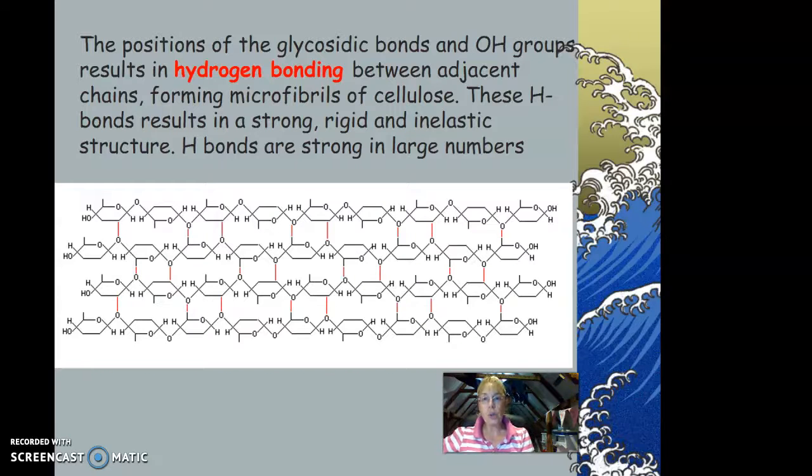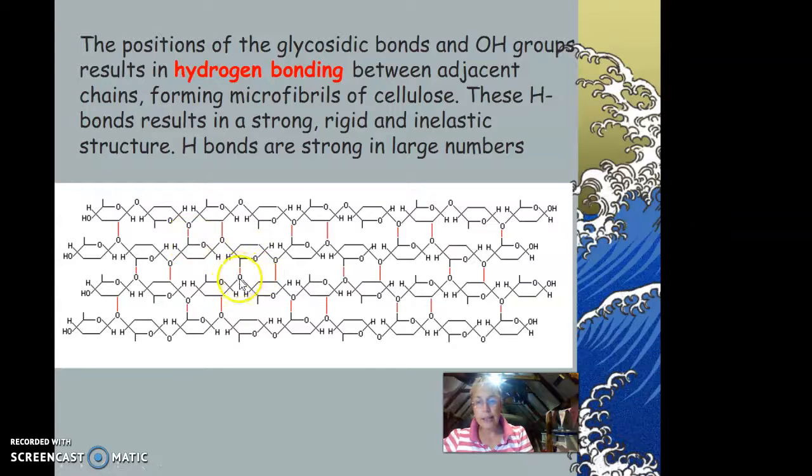So when I join this all together, this is what we get, and the red bits here are showing us the hydrogen bonds. Now let's just take a look where that hydrogen bond is taking place, because we have a glycosidic bond over here, and that is joining to the 6th carbon over there. Let's check again.